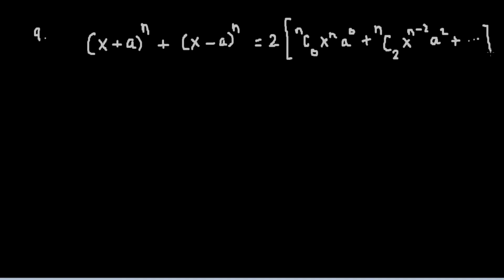You can try this out. You can expand x plus a raised to the power n and x minus a to the power n separately and add them, and you should get this particular result.